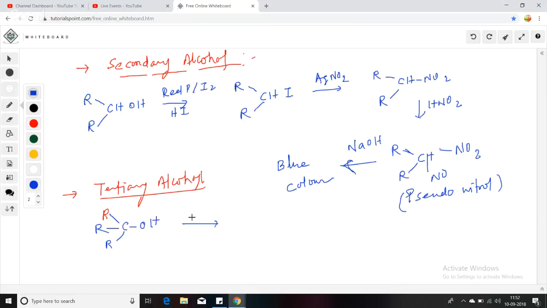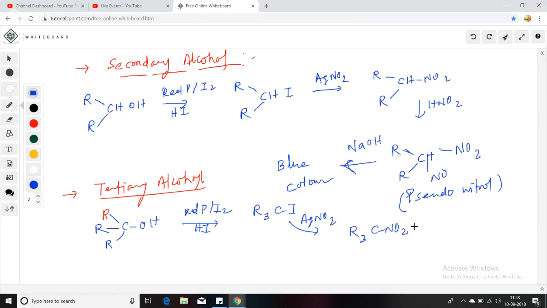In this, if you put red phosphorus, I2 and HI, again H2O comes out and we get R3CI. In short, I have written AgNO2, silver nitrite, you're using here, and again AgI comes out and we get R3CNO2.